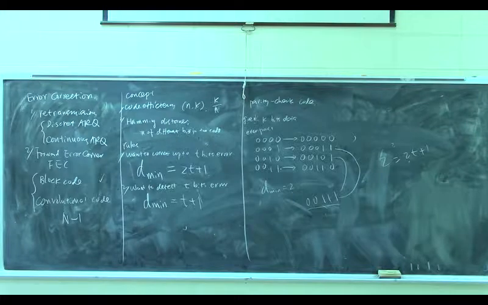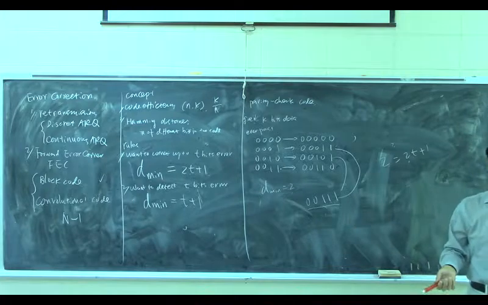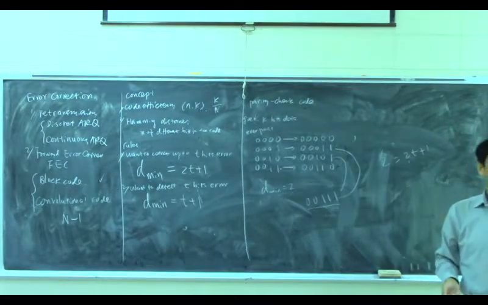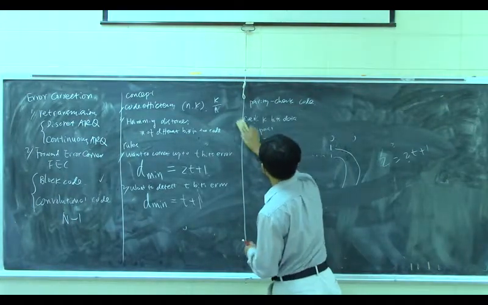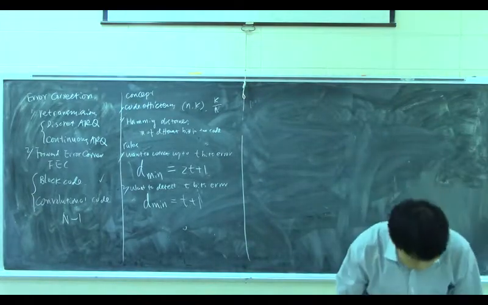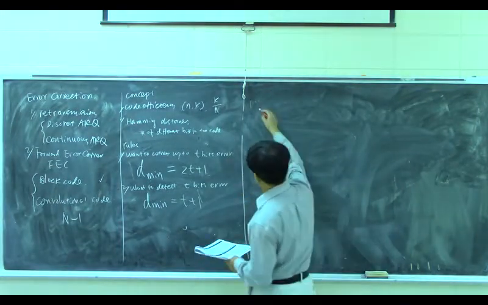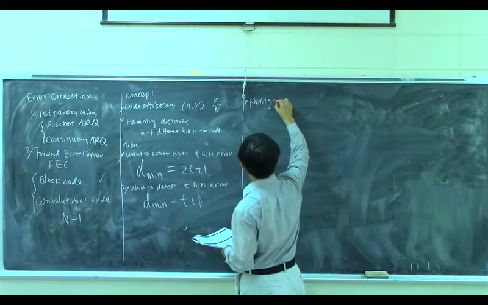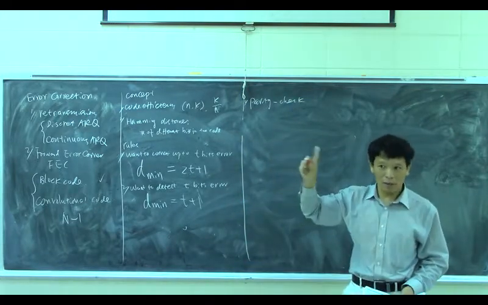So this one has the capability to detect 1 bit of error, but does not have any capability for correction. That is the first one, called parity check. We can correct 0. We can detect only 1.